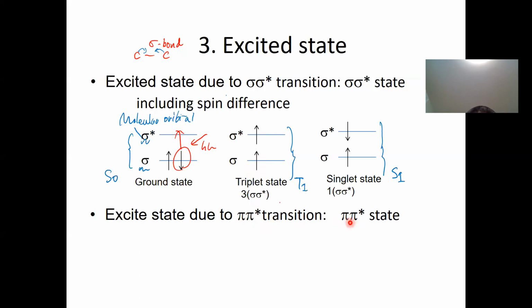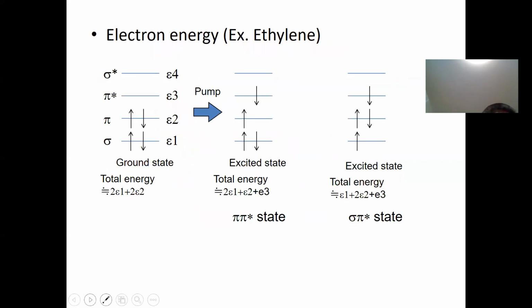So always when you think about the excited state, you have to decide from where to where the electron is moved. So let's think about the ethylene case and how these kinds of states are formed.